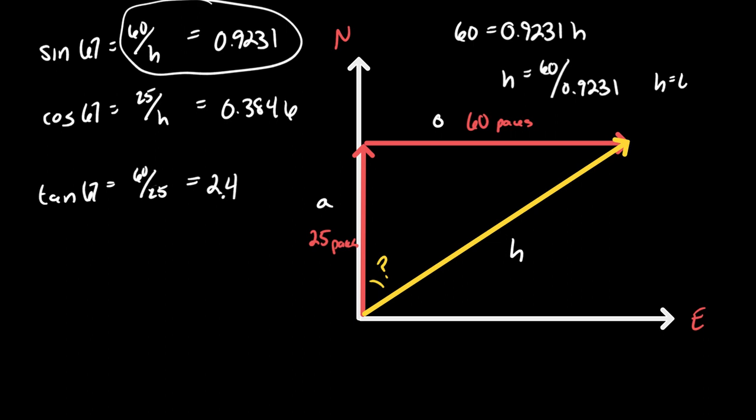I got 65. Now, check your work. 25 divided by 65 had better be 0.3846. Or do the Pythagorean theorem to check your work.